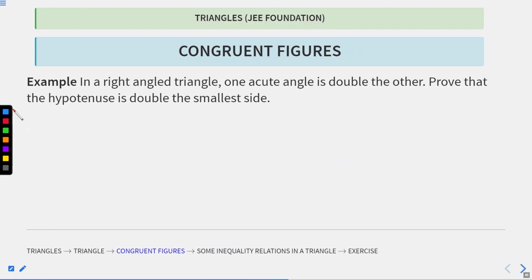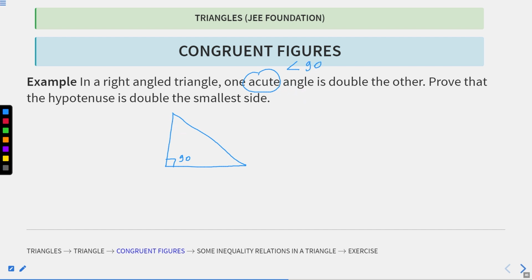In the next example, in a right angle triangle, one acute angle is double the other. So we have a right angle triangle. Let's draw a rough diagram for it. An acute angle is less than 90, if you recall.